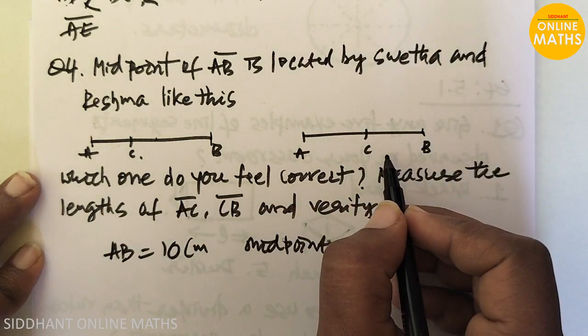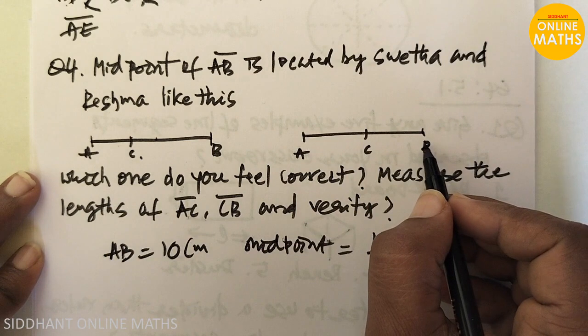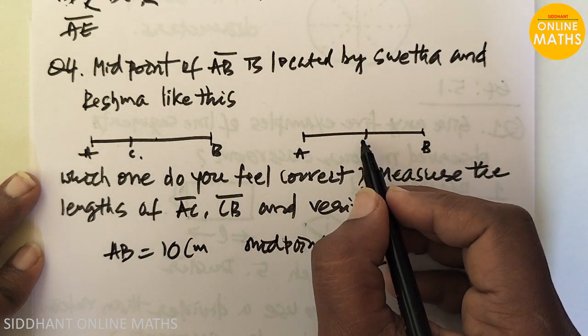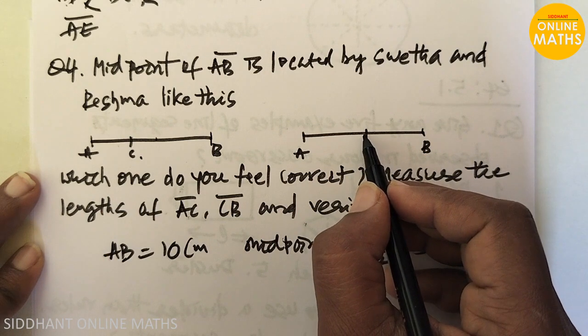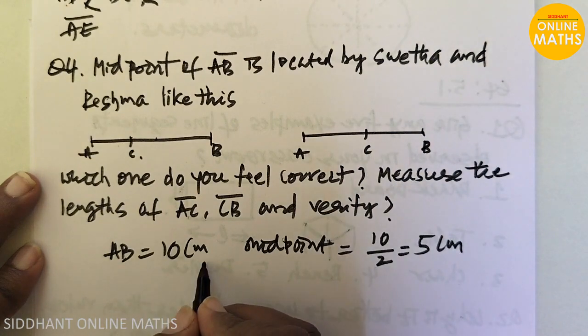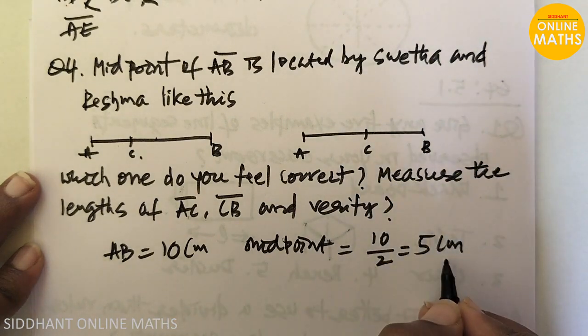And here when you are going to see the line segment AB, the midpoint will be located at the middle part. So it is almost in the middle here, and we can say that this is the midpoint. Suppose AB is 10 centimeter, then the midpoint should be at 5 centimeter.